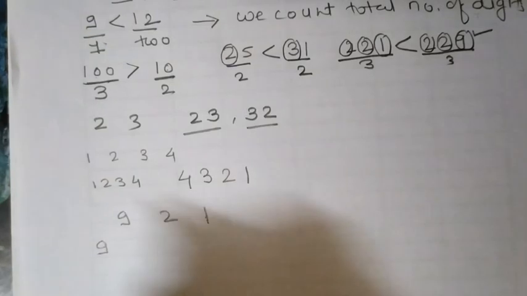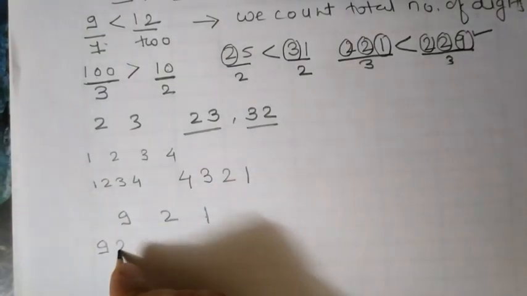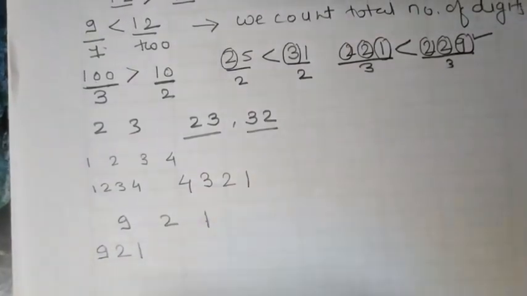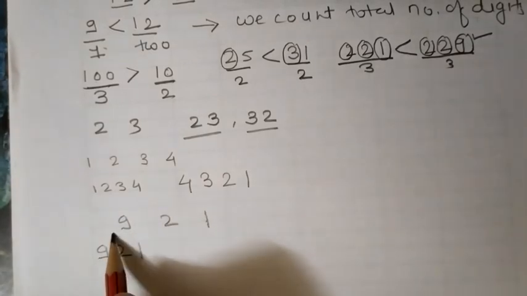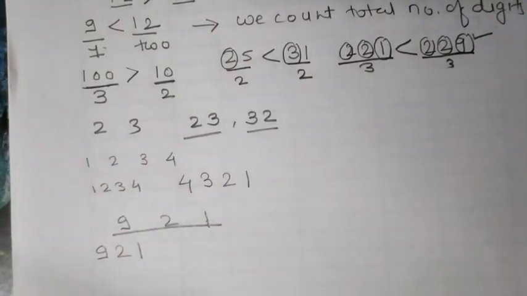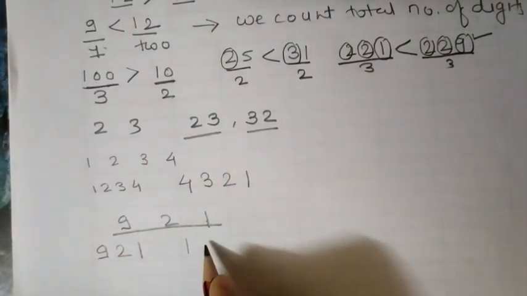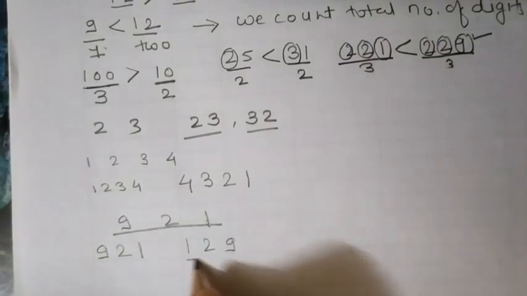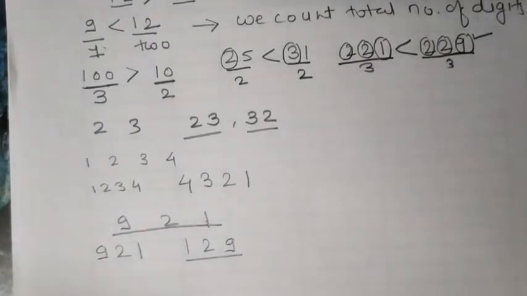So you will write 9 first, then second greatest 2, third greatest 1. So your greatest number is 921. And suppose they ask you to make the smallest number. So you will write 1, then 2, then 9. So this is the smallest number.